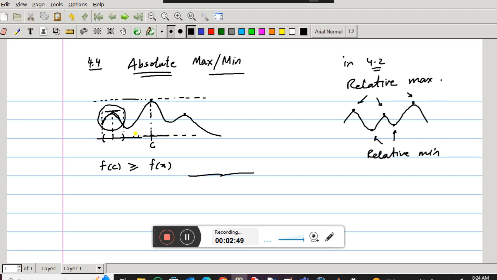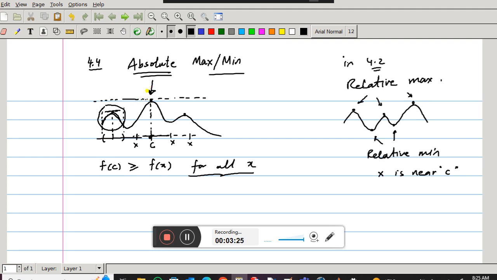If I take any point x, here, here, any point x, right? x is a variable. C is a fixed point. So if I take any x for all x in your domain or in your interval. See, relative maxima, we say that x is close to C, x is near C. We do not go very far, right?